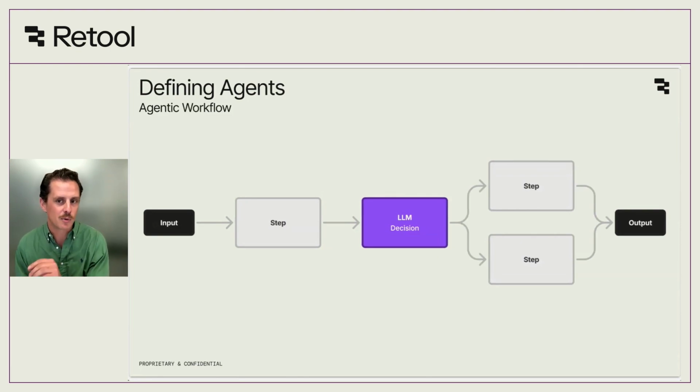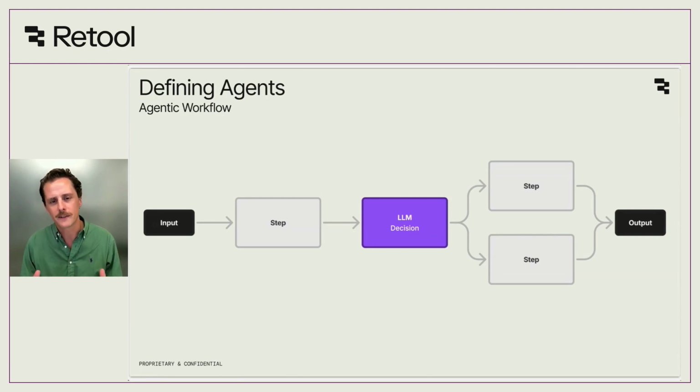Back to that customer support example, we could imagine a simple tool that for every message that came in, the LLM decides whether or not it should be routed to a billing inbox or to a technical support inbox. This is what we call an agentic workflow. Again, not a true agent, but it's getting more agentic because the LLM is deciding what step we take next.